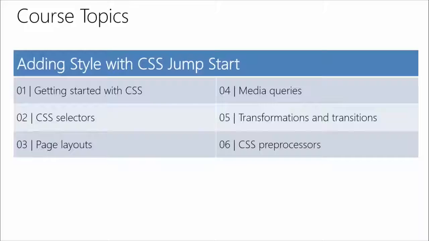In the meantime, let's go ahead and talk about what we're going to talk about. So we've got 6 modules today, and Module 1 is sort of the ubiquitous getting started with CSS, where we want to talk about what CSS is, the basics of how to apply it, how to bring in external style sheets, and so forth. And then that'll lead us very naturally into Module 2, where we're going to take a look at how to identify individual elements or individual blocks of elements.